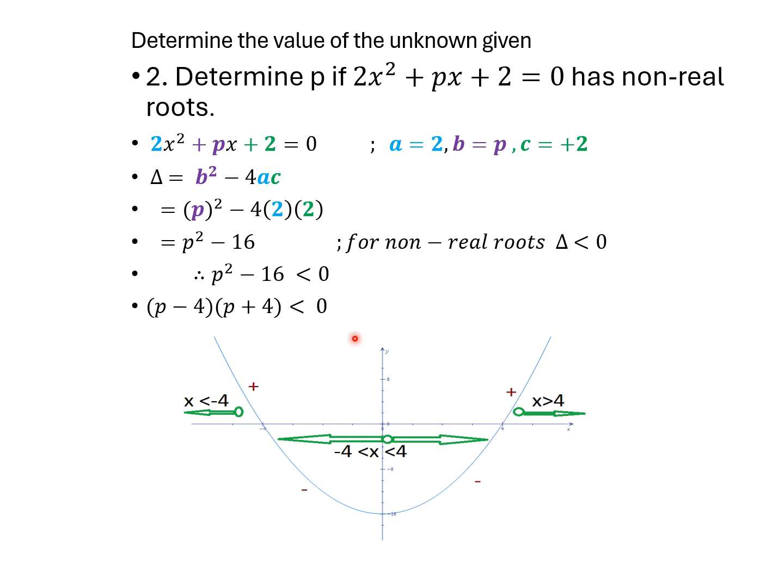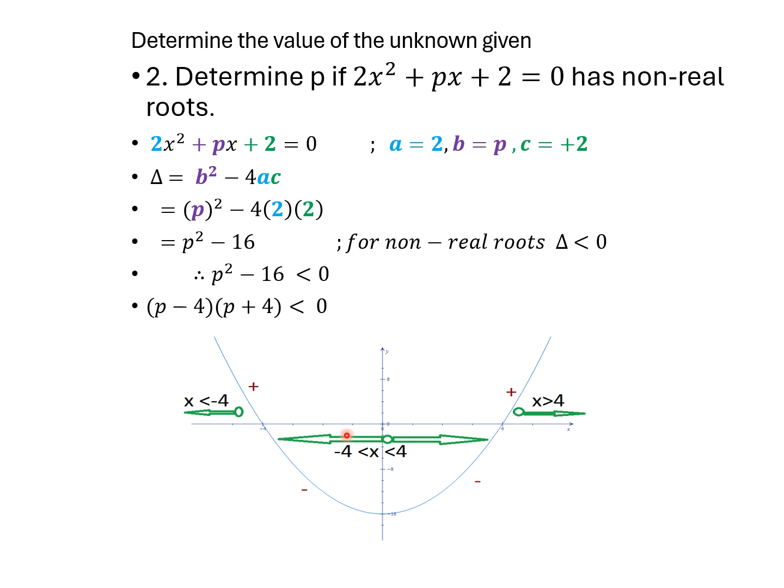Now where is it less than 0, meaning where is it negative? If I go to the left of negative 4, the graph is positive. If I go to the right of 4, the graph is positive. In between negative 4 and 4, this whole part is negative.